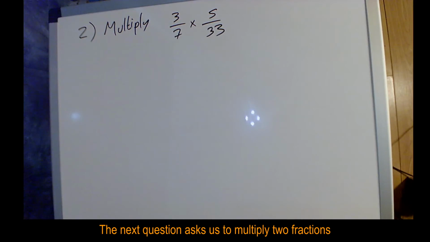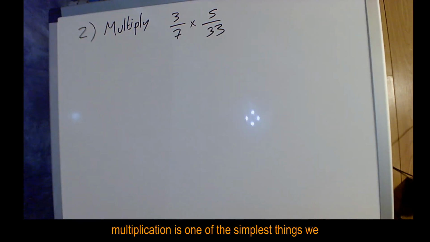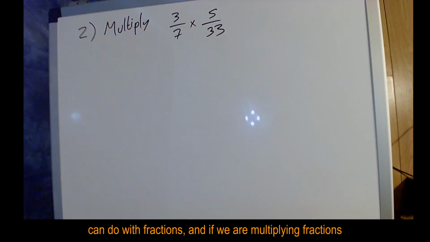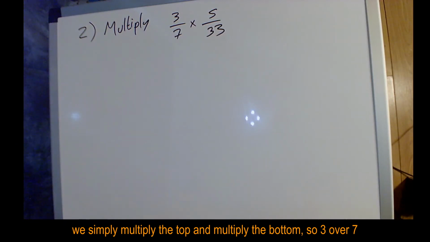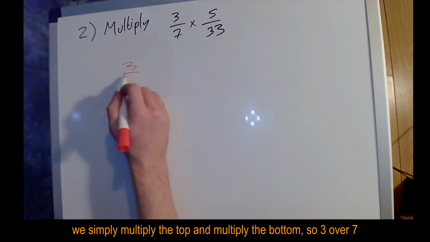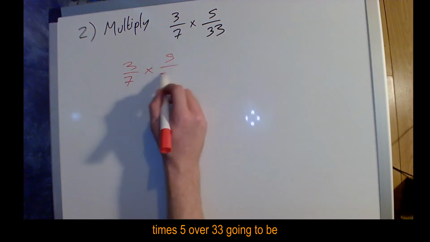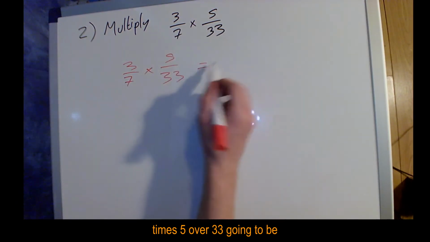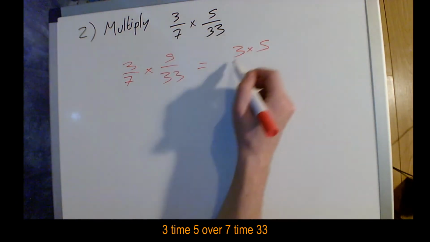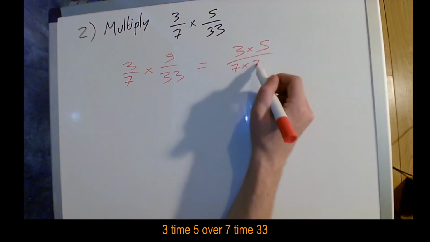The next question asks us to multiply two fractions. And multiplication is one of the simplest things we can do with fractions. If we are multiplying fractions, we simply multiply the top and multiply the bottom. So 3 over 7 times 5 over 33 is going to be 3 times 5 over 7 times 33.